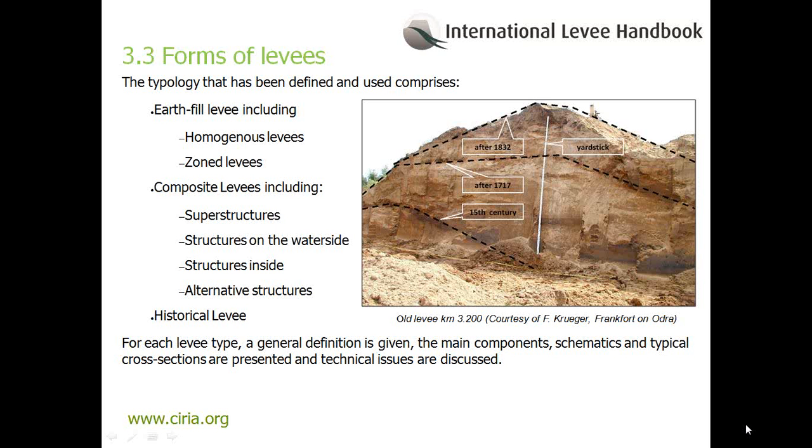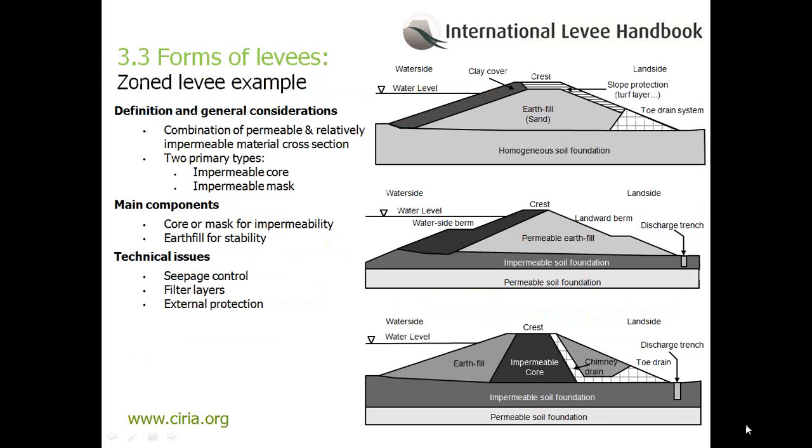For each of these levee types, a general definition is given, the main components and schematics of a typical cross-section are presented, and technical issues are discussed. Examples of earth and composite levees are included in a few of the following slides.